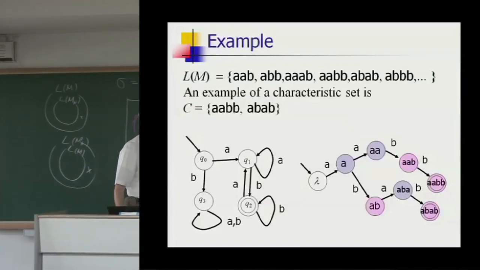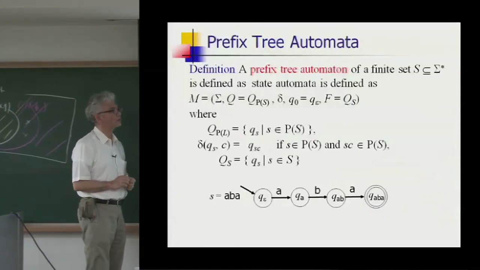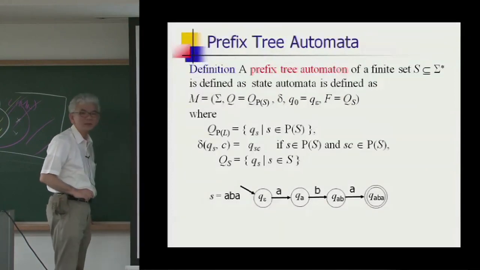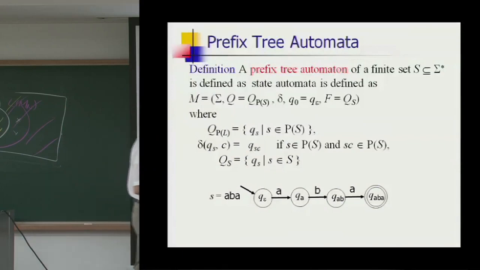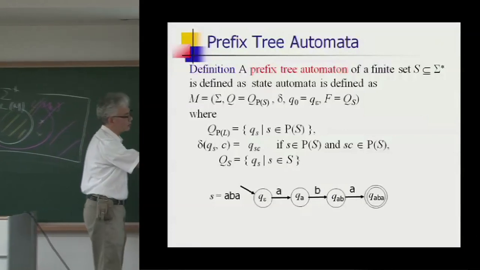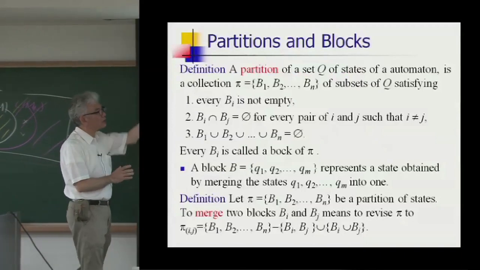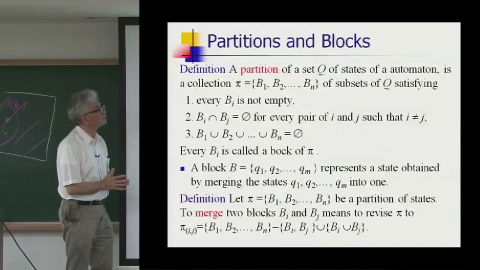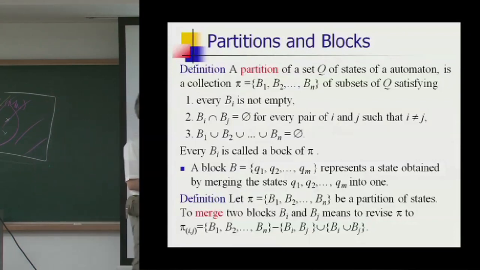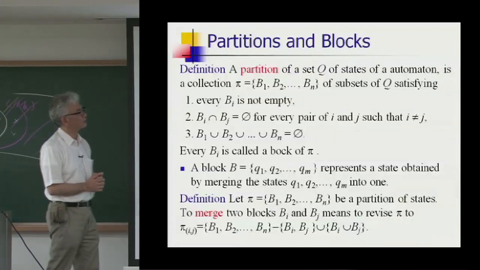Mathematically, we give some definitions, and again we refer to the prefix tree automaton here. These are very simple definitions. All of the prefixes of the positive examples are used as states, and we give a partition of the states, which is a set of subsets of states.